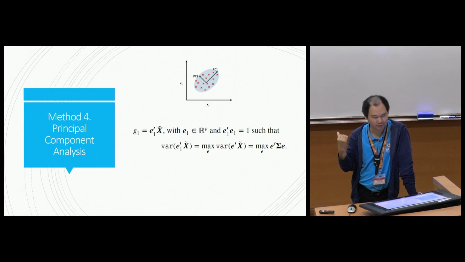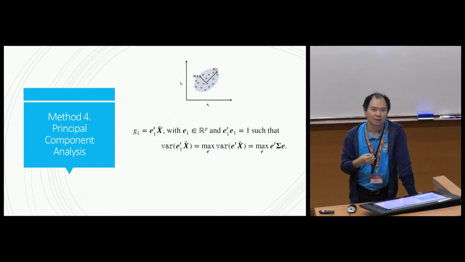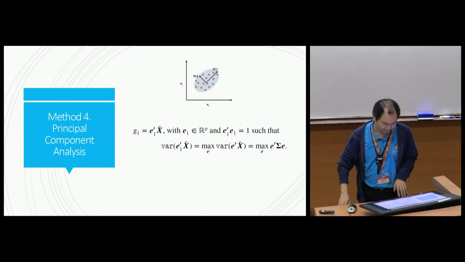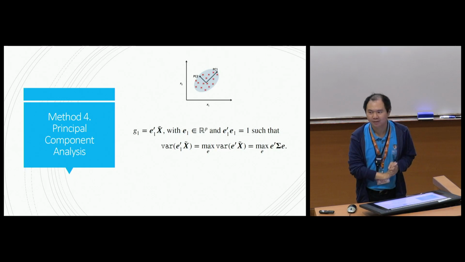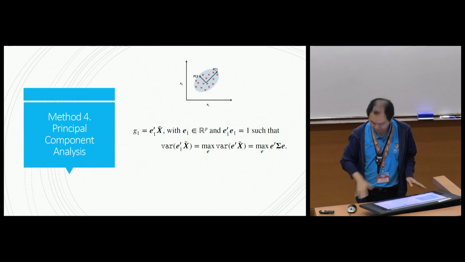PCA can still work. In that case, you can do the singular value decomposition, which is a special type of PCA. In R, there is also an SVD function you can use to find the thresholding variables. So those are the 4 recommendations we make to find the thresholding variables.